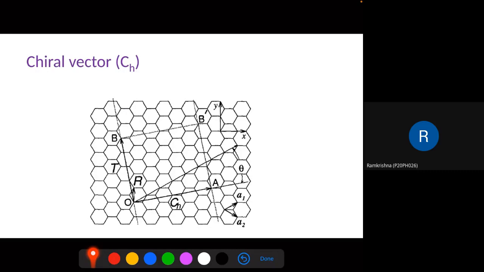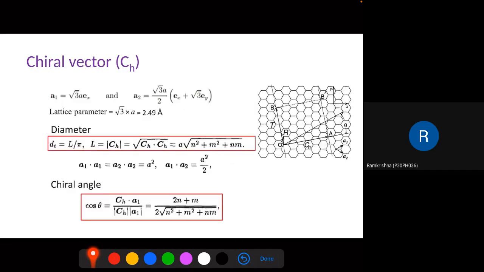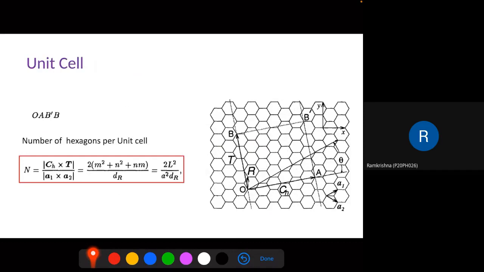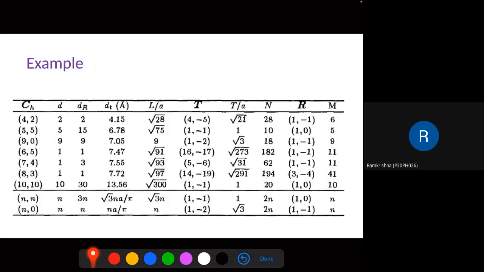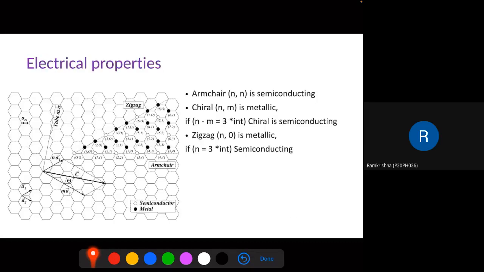Okay, so if we go back to this picture here, now let's say we move along this line and you can fold it.